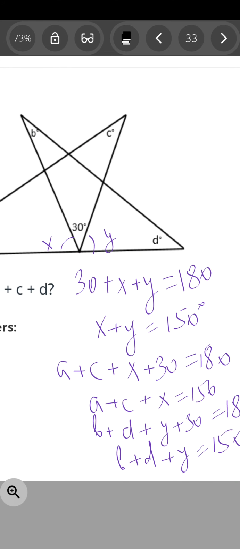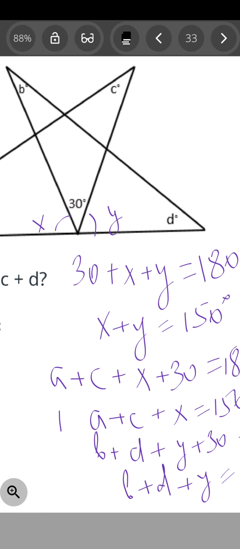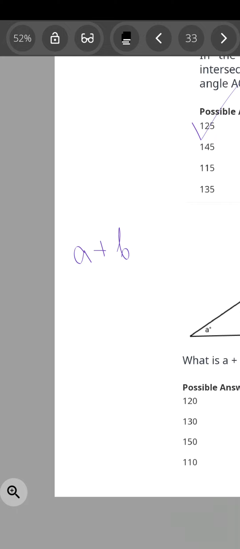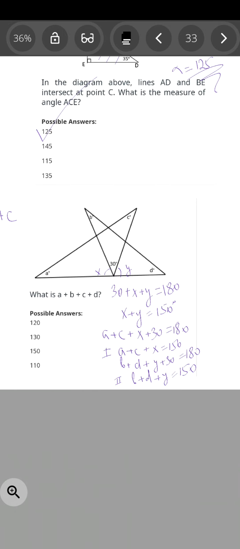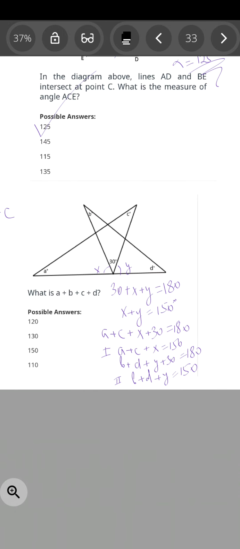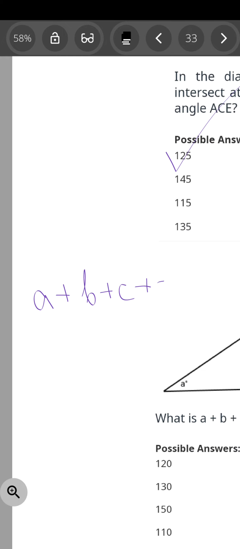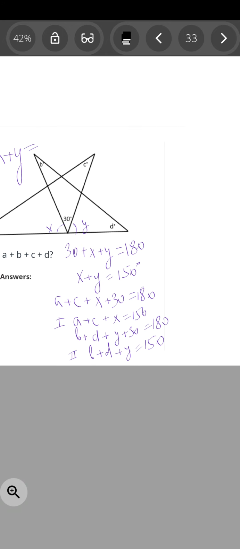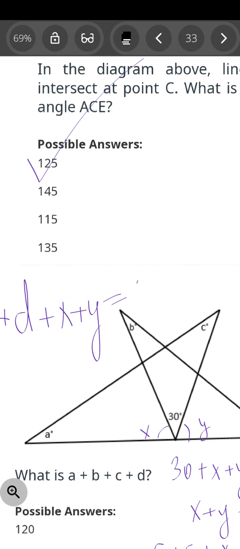And adding these two equations, we'll get that a plus b plus c plus d plus x plus y is equal to 150 plus 150, that is equal to 300.